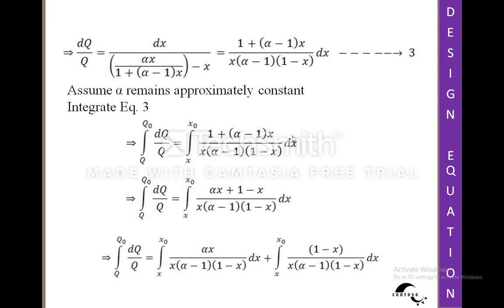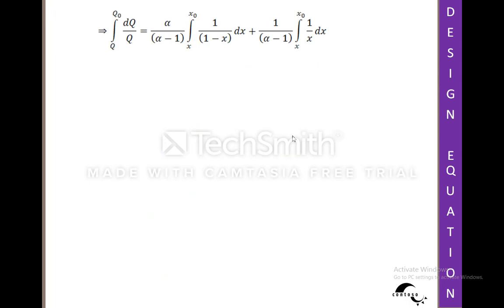The x in the numerator and denominator in the first integral, and 1 minus x in the numerator and denominator in the second integral, will be cancelled. So your integral of dq by q from q to q naught is equal to alpha by (alpha minus 1) into the integral from x to x naught of 1 by (1 minus x) dx, plus 1 by (alpha minus 1) times the integral from x to x naught of 1 minus x dx. Now we can easily integrate this particular equation.